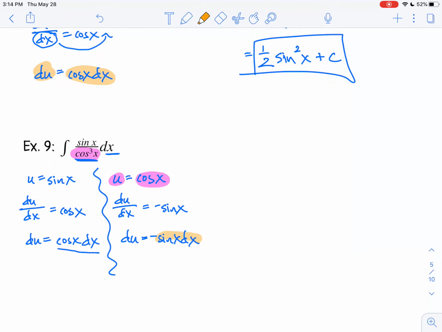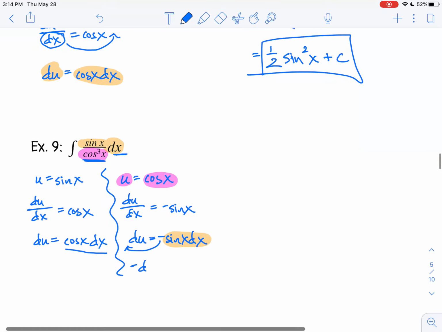And then I have sine x dx. So all I'm going to do is divide this minus sign to the other side, so I get negative du is what I can put in everywhere I see sine x dx. Okay? So let's substitute.